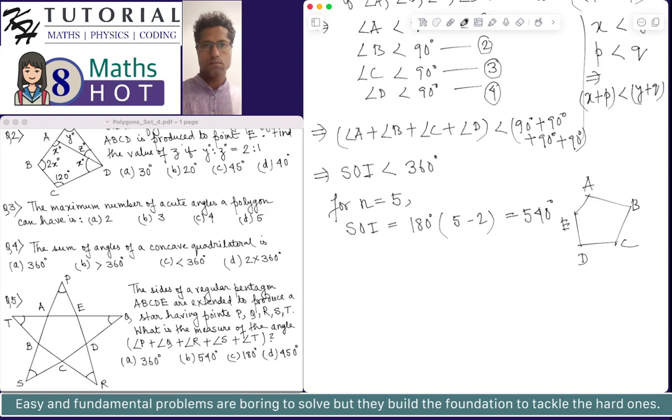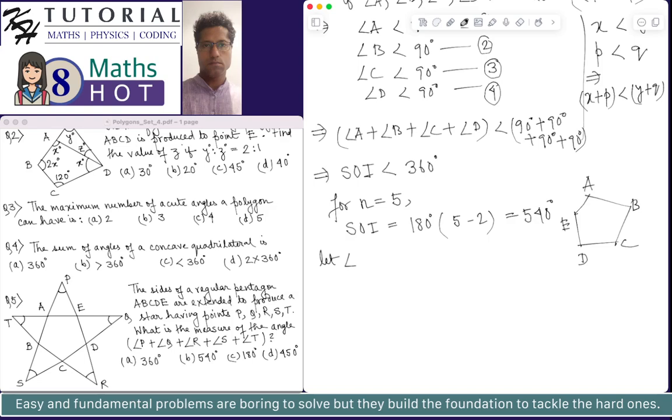Now we need to see whether this pentagon can have 4 interior angles which are acute.